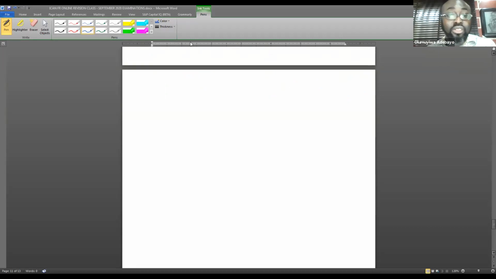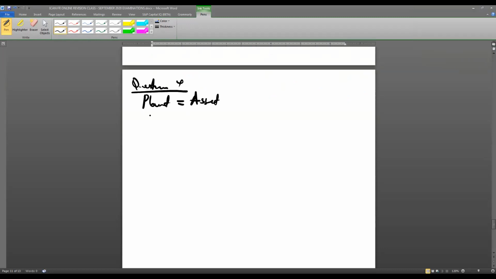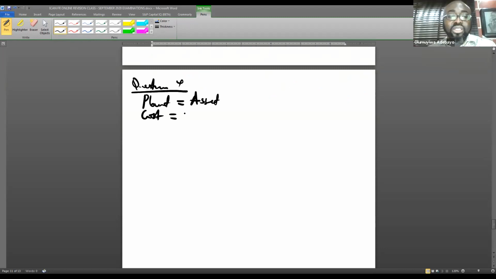The first thing we need to note, I think question 4: there was a plant that was acquired. Plant is an asset, is that not? Yes. And it costs 500 million.